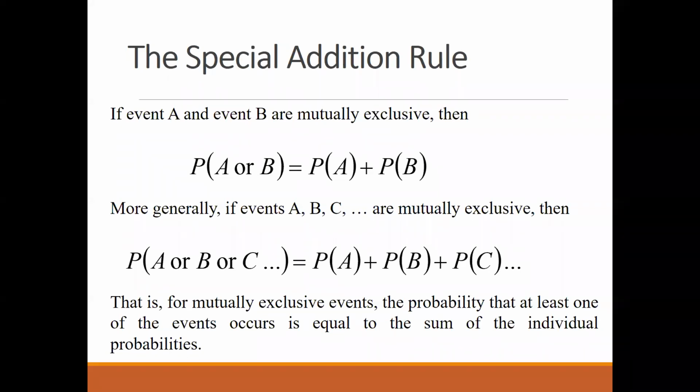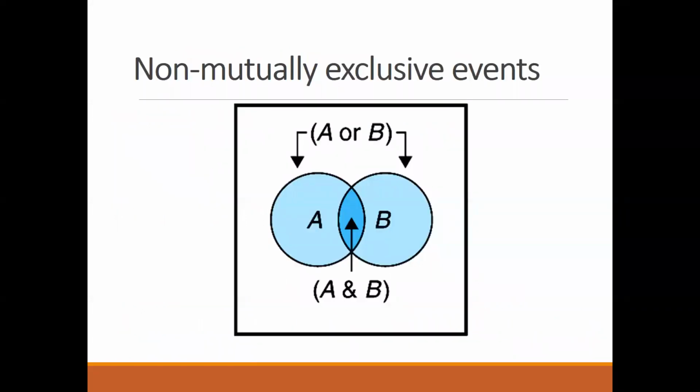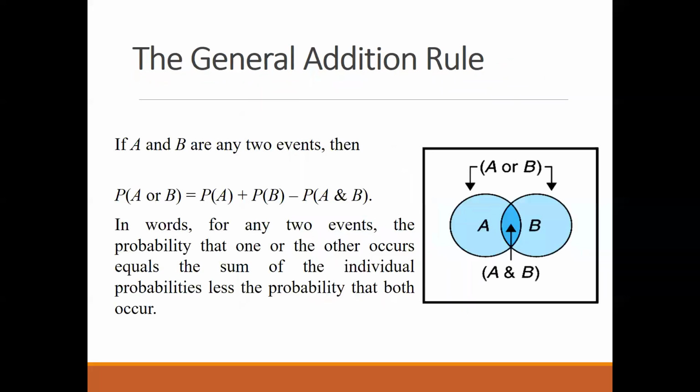Let's go ahead. Now, as I told you, we saw this diagram before also, non-mutually exclusive events where we have A, B and something in common. Now the things which are common can be written as A and B, and the other two parts are A or B. And again, nothing to explain here. Note down the general addition rule. Now this is important. This we did in one of the examples when we tried to solve the king of hearts problem using OR.